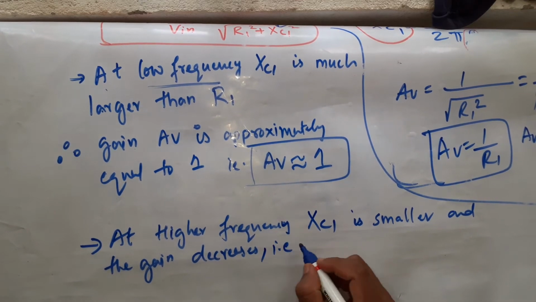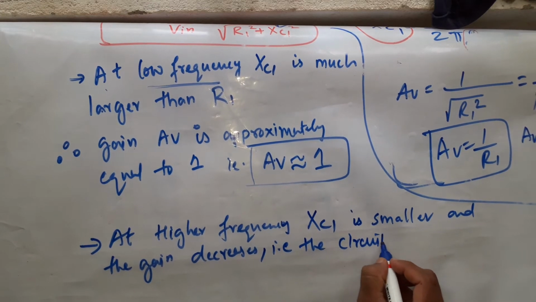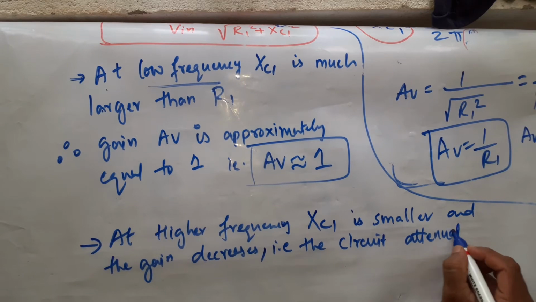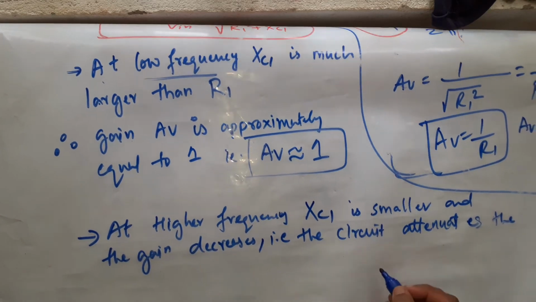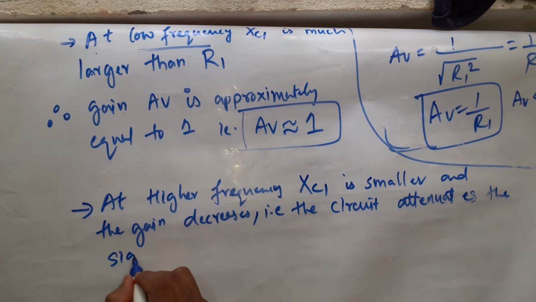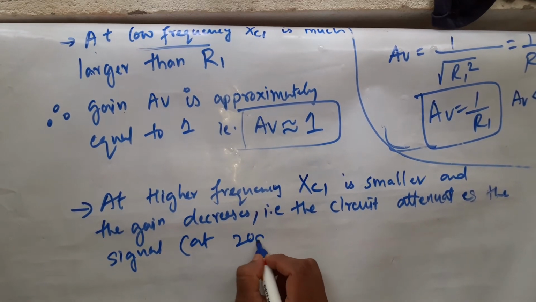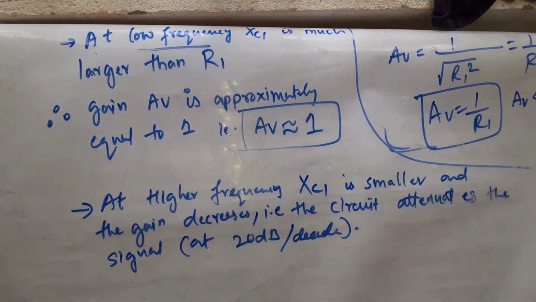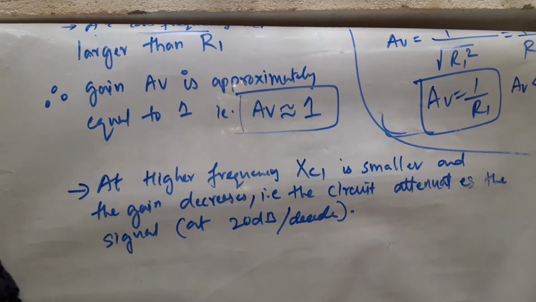That is, the circuit attenuates the signal at 20 dB per decade. Fine. 20 dB because this is first order.